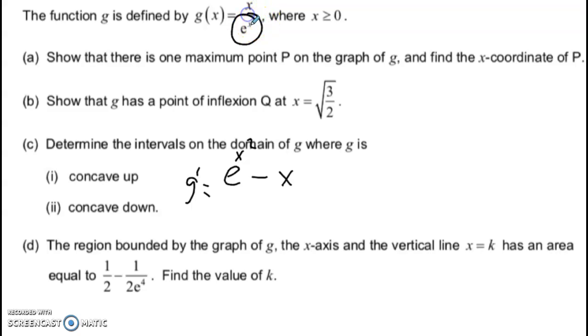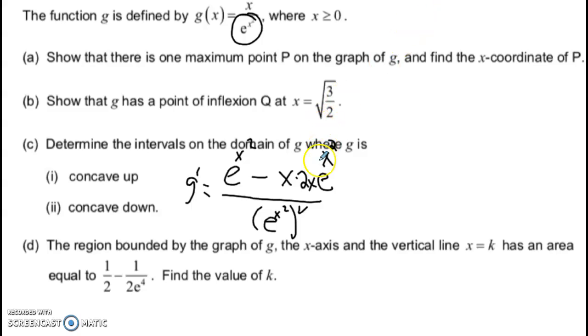This is a chain rule. So the derivative of e to the x squared, or e to whatever, is just e to whatever's up there. So I have e to the x squared. But because there's more going on in this function, I also have to multiply by the derivative of x squared, which is putting another multiply by 2x in front. All over the bottom squared, which is e to the x squared squared.